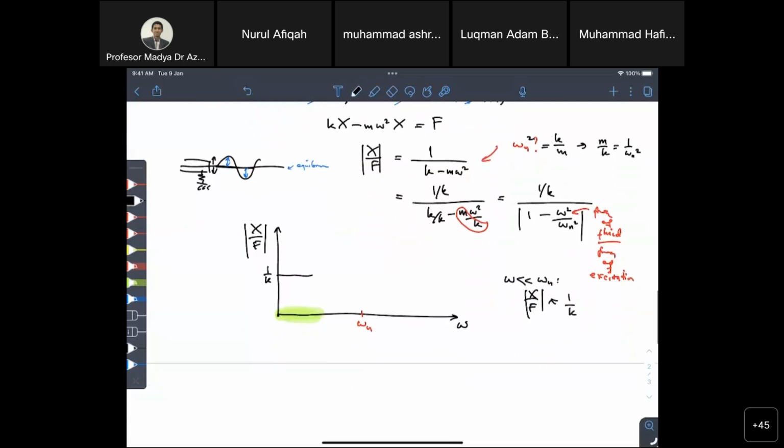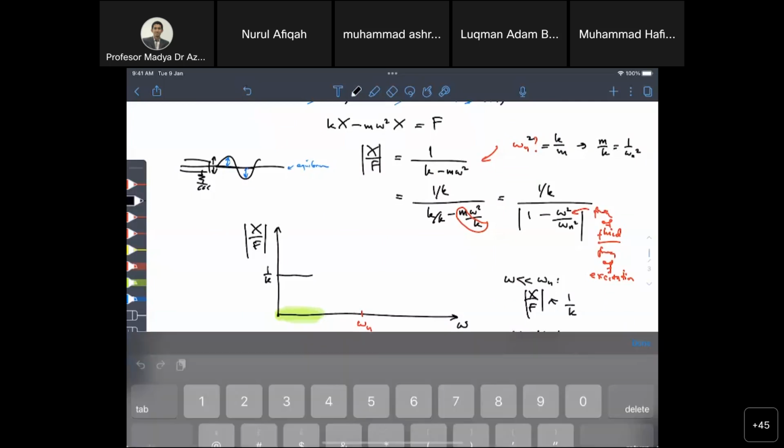So what happens when omega equals omega n? When omega equals omega n, meaning the frequency of the fluid is the same as the natural frequency of the pipe. Sometimes in practice, when you have fluid flow, you can adjust the speed, and when the speed is exactly the same as the natural frequency, that's what happens.